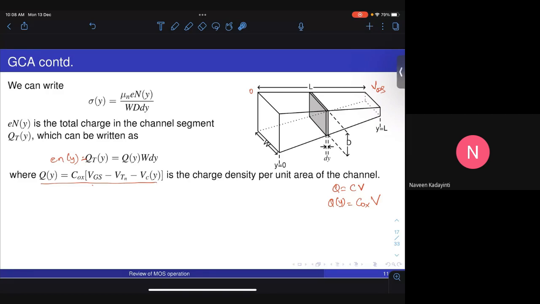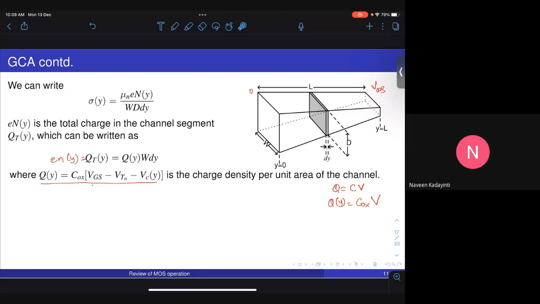From that we wrote the conductivity as mu n into q into N of y upon W D into dy. All that we did was substitute for the density from the expression that we found. Now q into N of y is the total charge in that channel segment in coulombs, not the number of charge carriers.